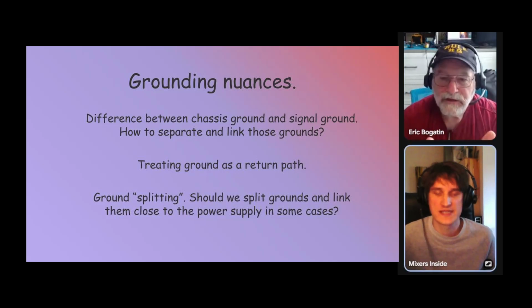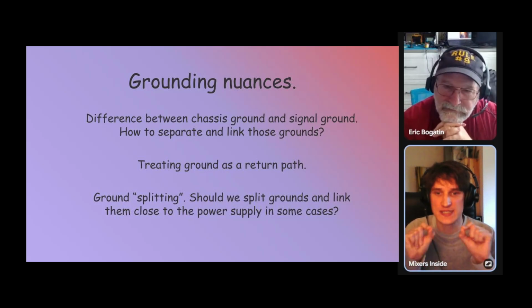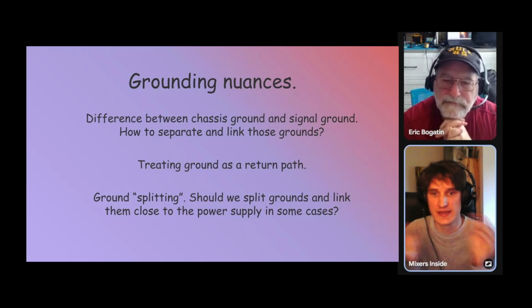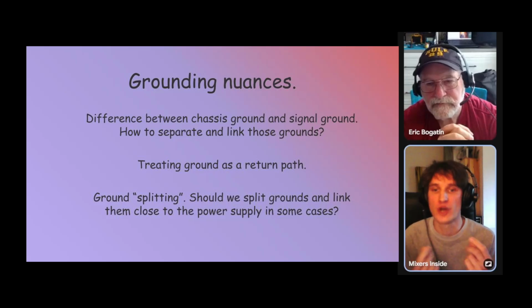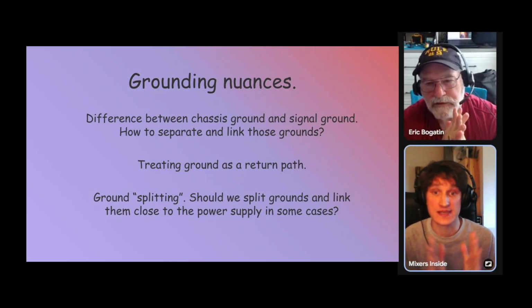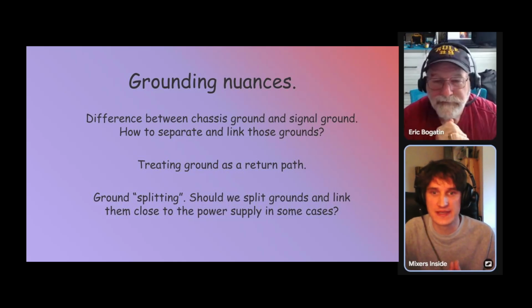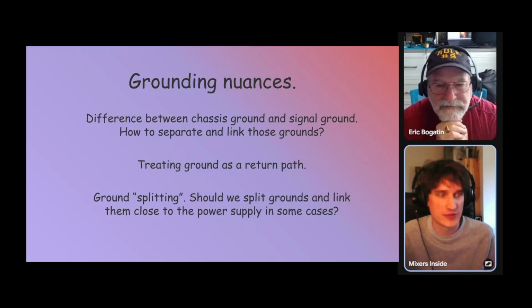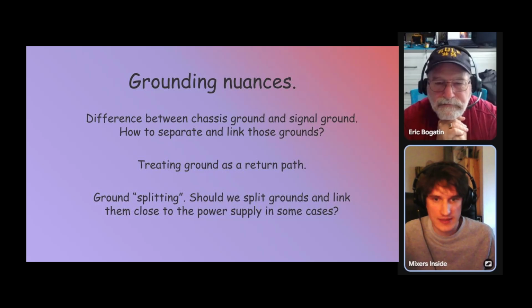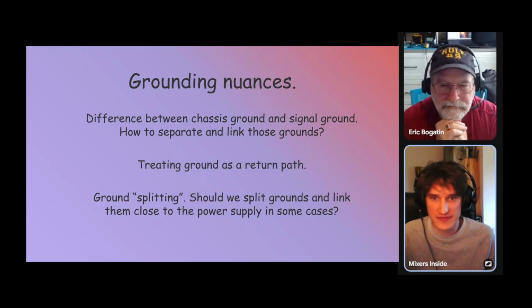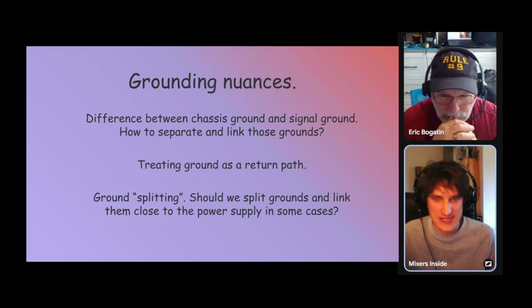Yeah, so basically you're using a dedicated wire for one node. It's kind of like splitting the ground. But right, the thing I wondered about is that from an EMC perspective, people tell us that the best way is to use ground planes.